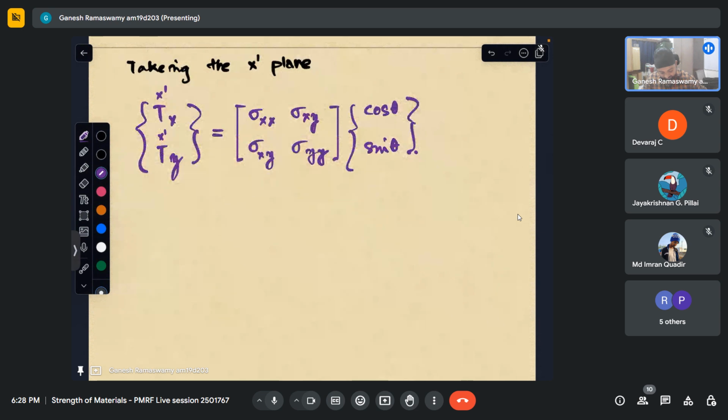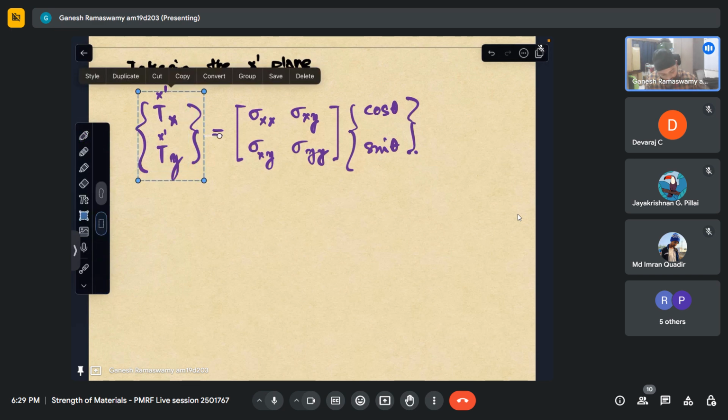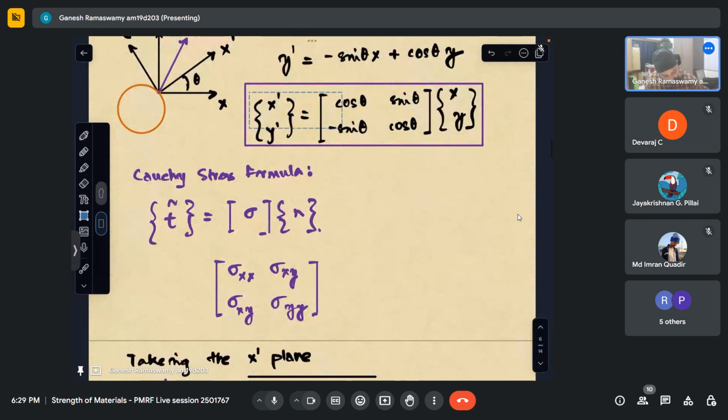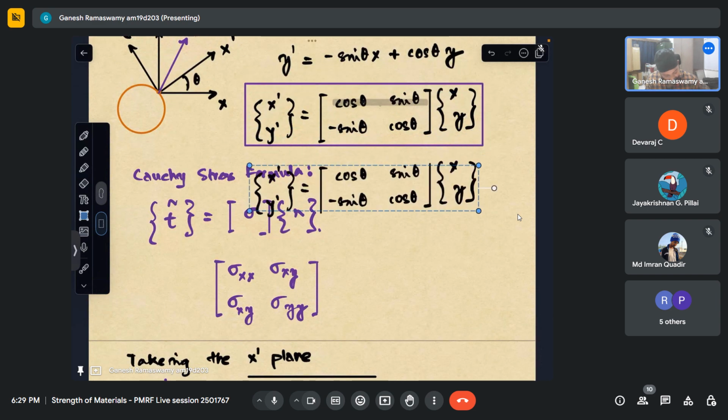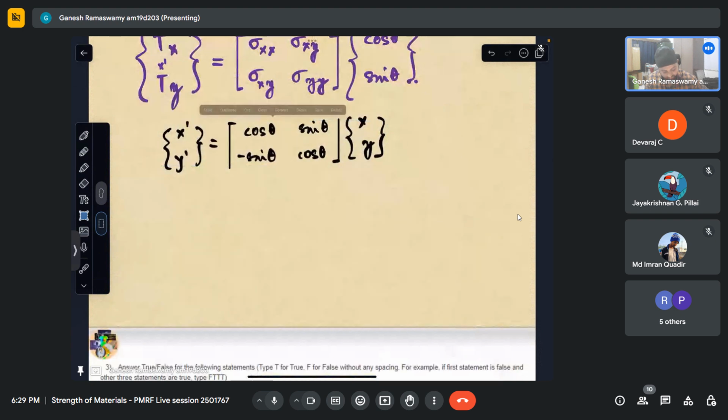Now the issue is this is represented in the xy coordinate system. I need to represent it in the x prime y prime coordinate system. So what I'll do, I'll just transform this. So we saw how a vector transforms. A vector transforms like this. Given one vector, if I multiply it by this matrix, I will get the same vector in the new coordinate system.